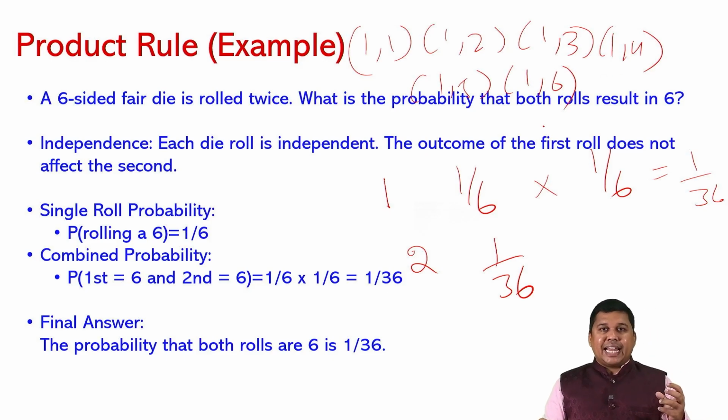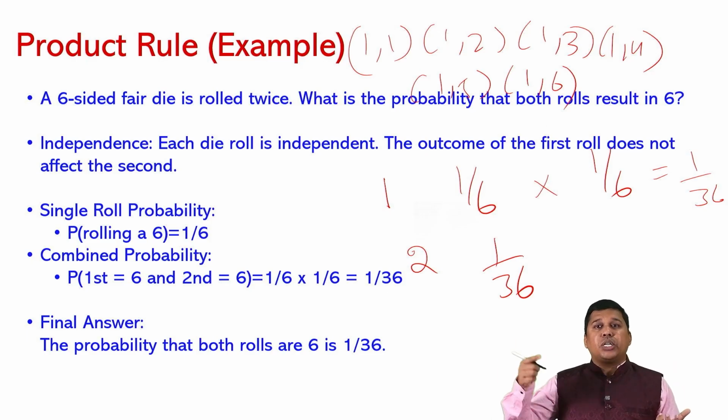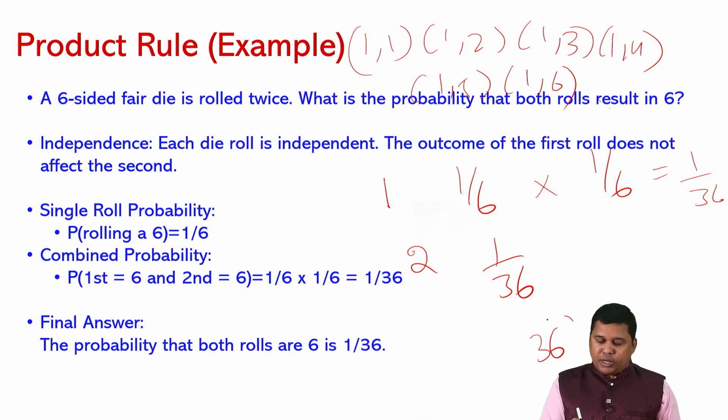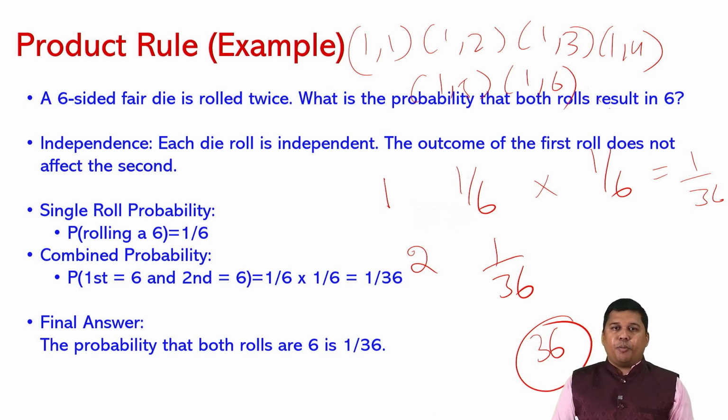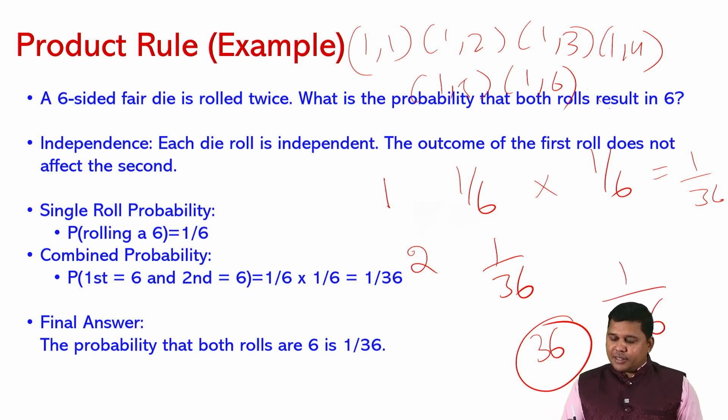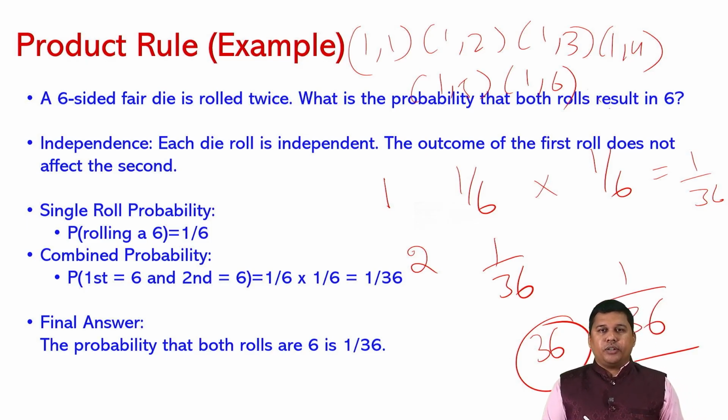So one die can give a number 1, the other one can give any number from 1 to 6. Like this, if you count, you have a total of 36 possibilities. So among those 36 possibilities, what is the probability of getting two 6s? It is 1 by 36. Okay. So this is a simple example of the product rule, right?